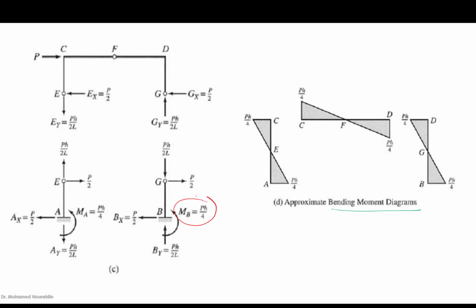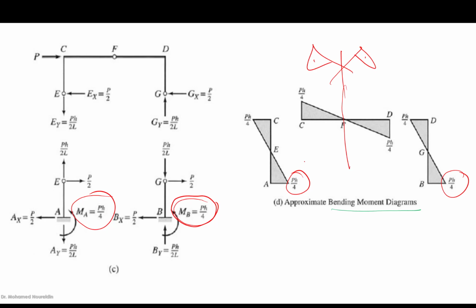Already you have the moment at B, the moment at A, which is PH over 4, PH over 4 because of symmetry. If you look, you are going to find that we have a symmetry axis, so you can simply solve half of it, and the second half is going to be the same based on symmetry.